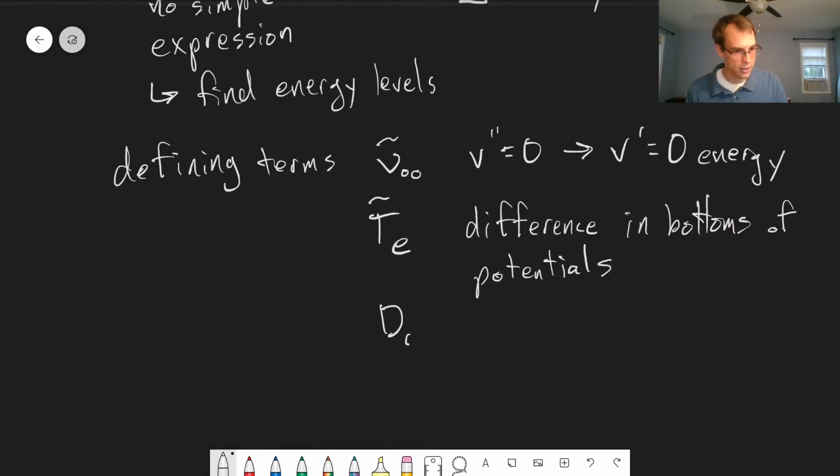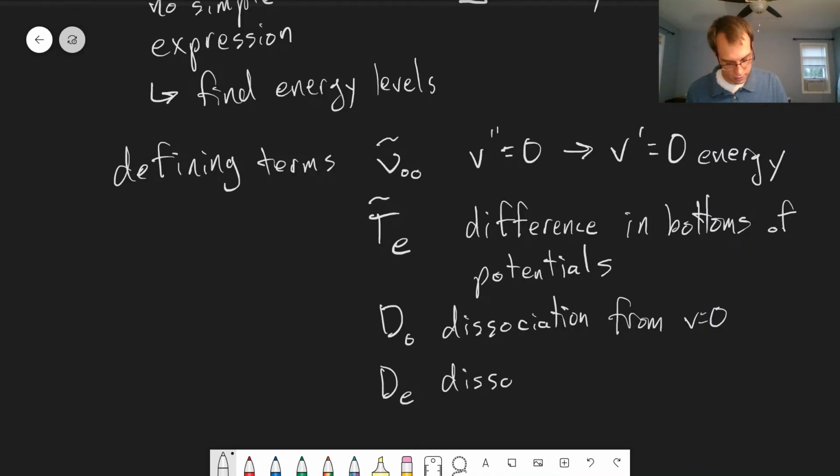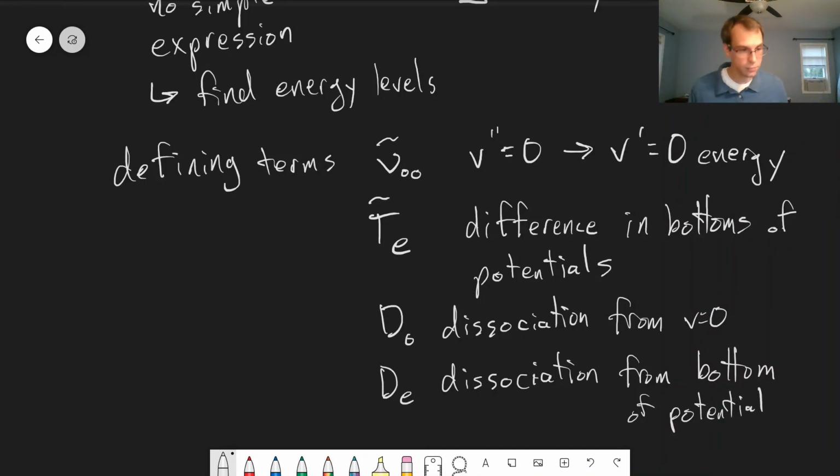Then there is D_0. This is the dissociation energy from V equals 0, so if the molecule is in its ground vibrational state. And then D_e is similar, but it's the dissociation energy from the bottom of the potential, which the molecule can't actually reach, but is useful for bookkeeping.